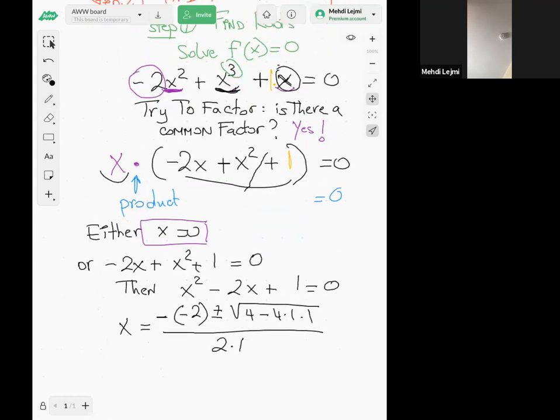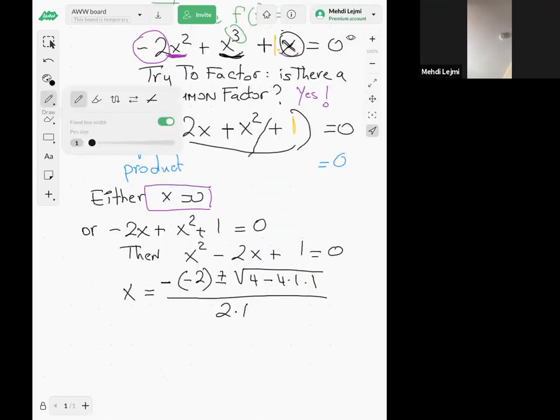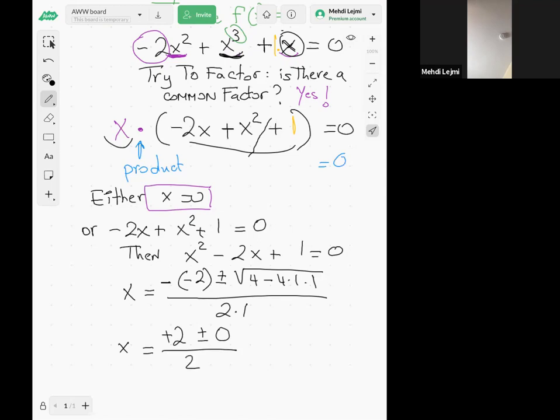So then your x is minus negative 2, that's positive 2, plus or minus 4 minus 4, that's 0, the square root of 0 is just 0, over 2. So it's just positive 2 over positive 2, so it's equal to 1. So my second root is actually positive 1.